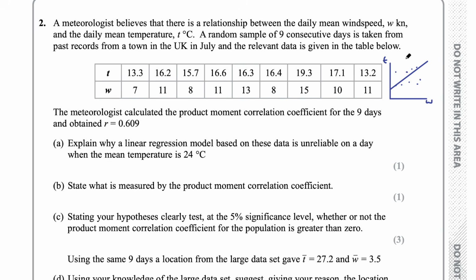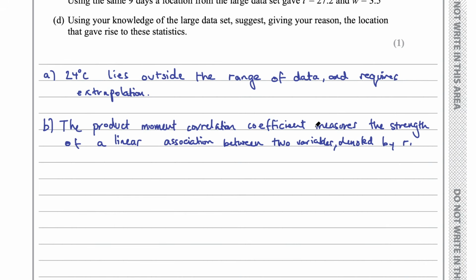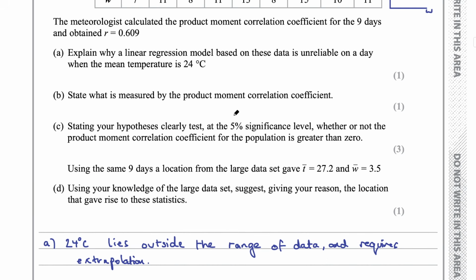So if the data is all over the place, R will be quite low. But if it does have a trend, like a linear trend, then R will be quite high. So 0.6 is a bit higher than 0.5, so it's all right. But let's state what R is for part B. So I'll say something like the product moment correlation coefficient measures the strength of a linear association between two variables, denoted by R. So that should be enough for 1 mark.